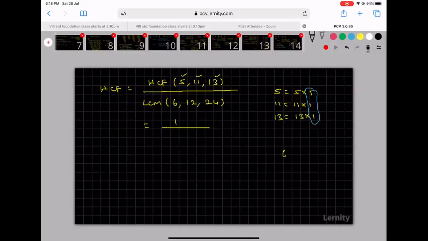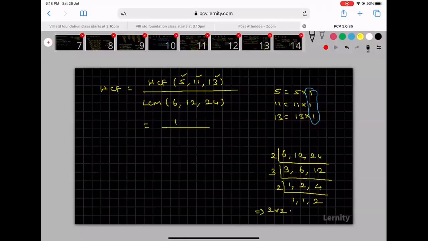Here you see 6, 12, 24. Taking 2 and then 3, I will get the LCM: 2 into 2 into 2 into 3.